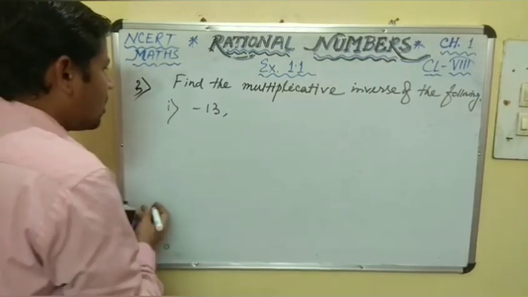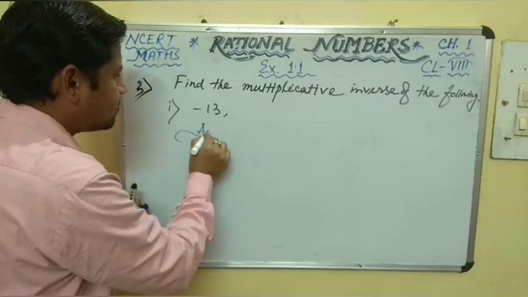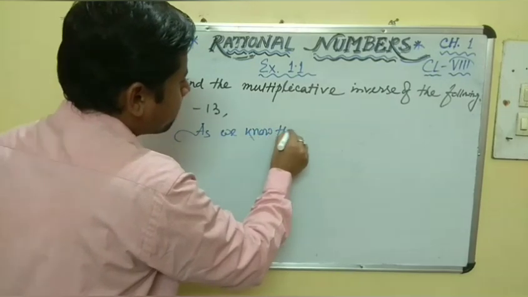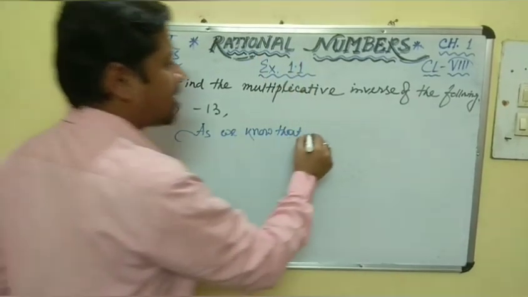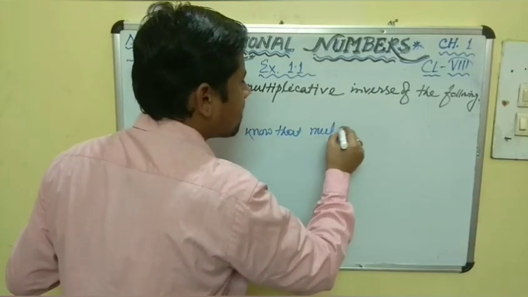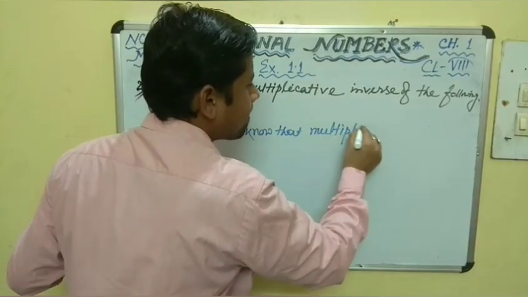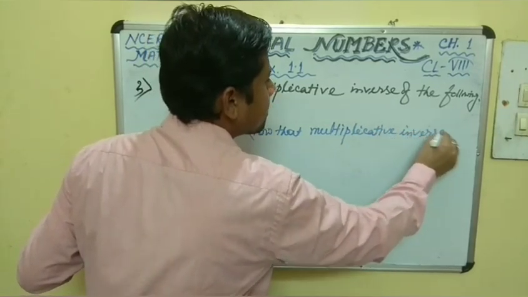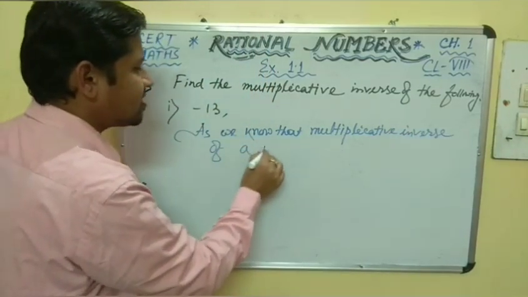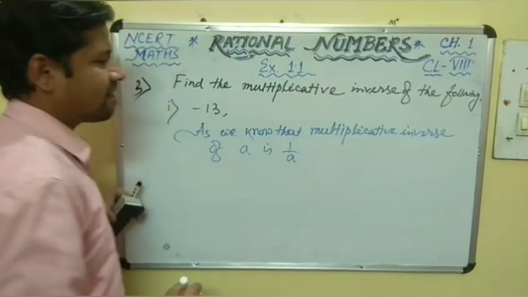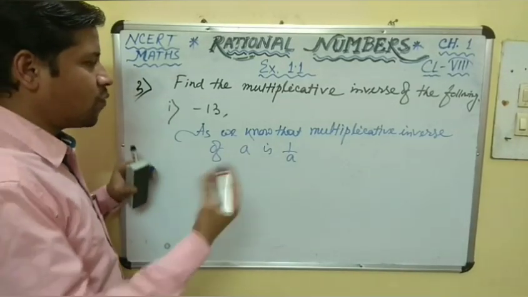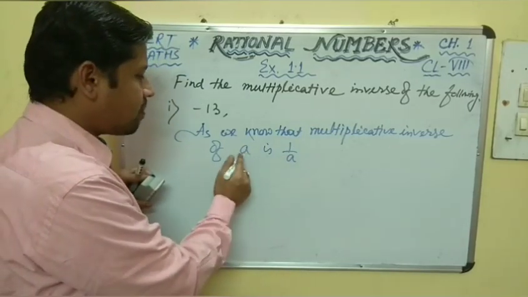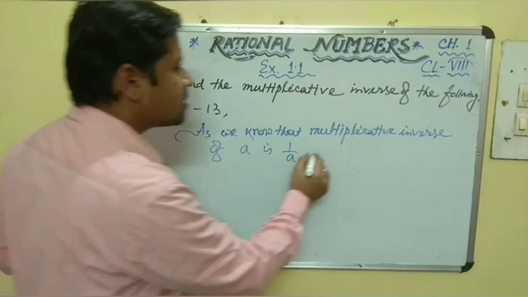As we know, the multiplicative inverse of A is 1 by A. We know already that the multiplicative inverse of A is 1 by A, with numerator and denominator interchanged, because A by 1 becomes 1 by A.